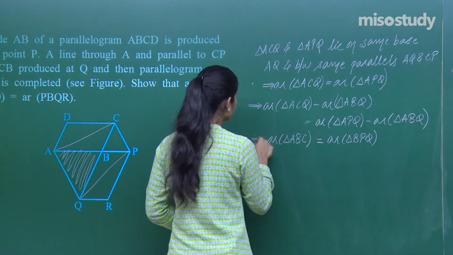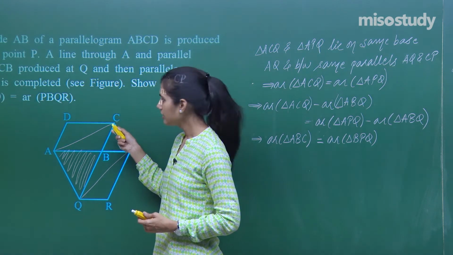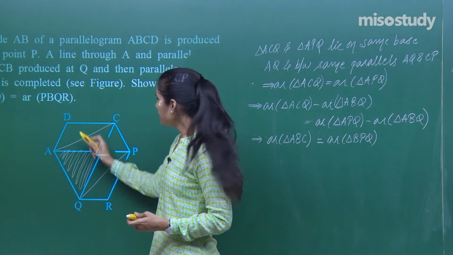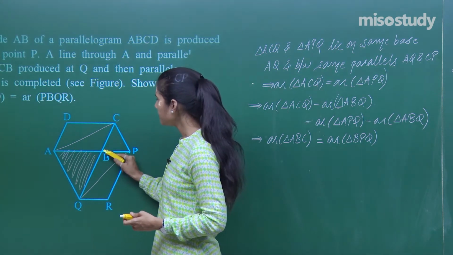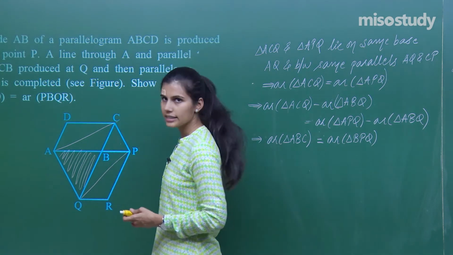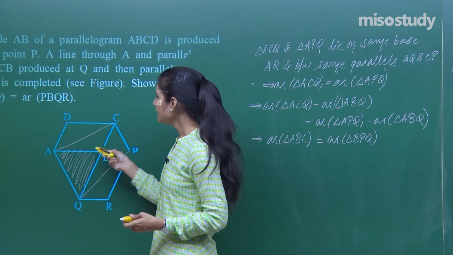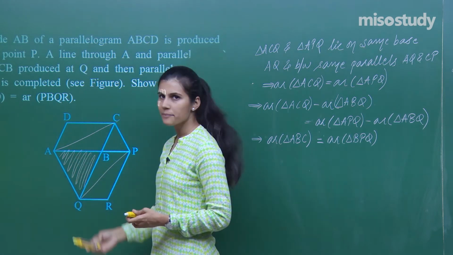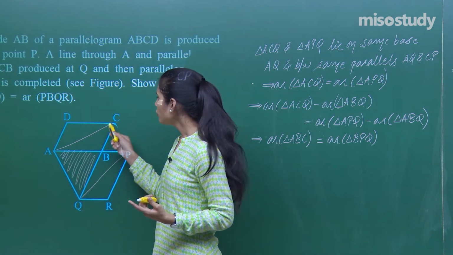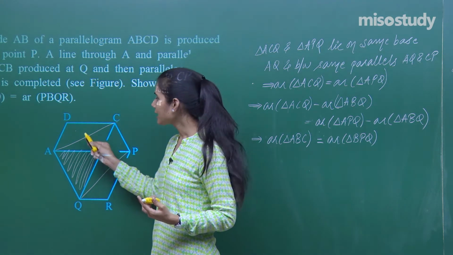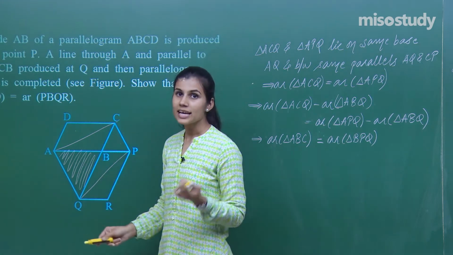If you carefully observe, ABC triangle and parallelogram ABCD are lying on the same base AB and between the same parallels AB and CD. So clearly area of triangle ABC is half of area of the parallelogram ABCD. Another way of understanding this is, if you remember, a diagonal of a parallelogram divides it into two triangles which are congruent to each other, and congruent triangles have equal areas.